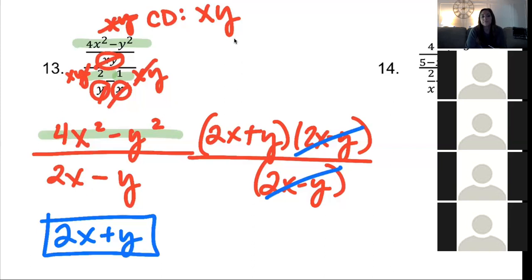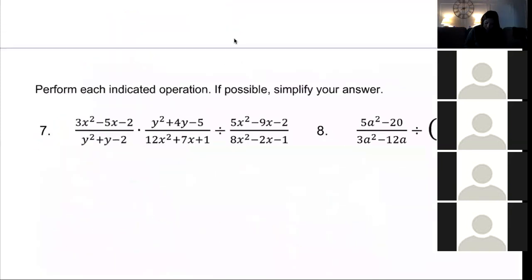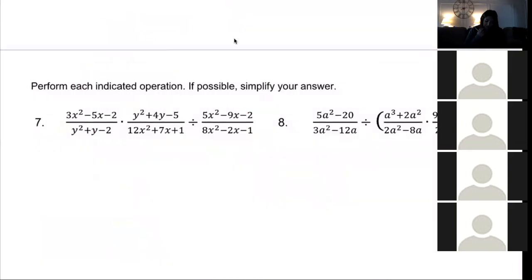Any more questions? Could you do number 7? Okay, number 7 has quite a bit with it, including this division.